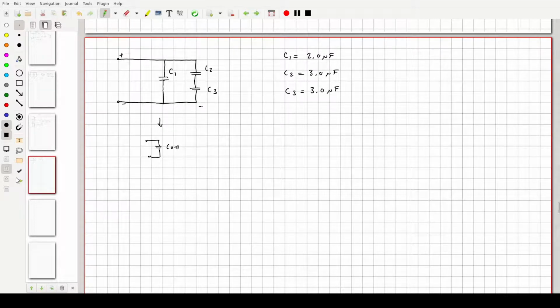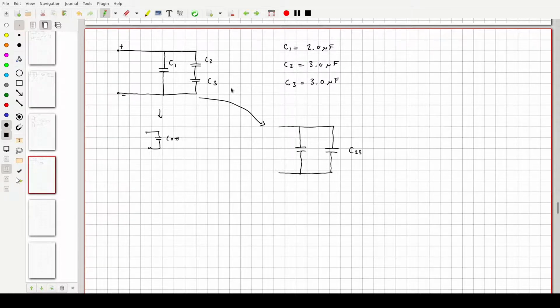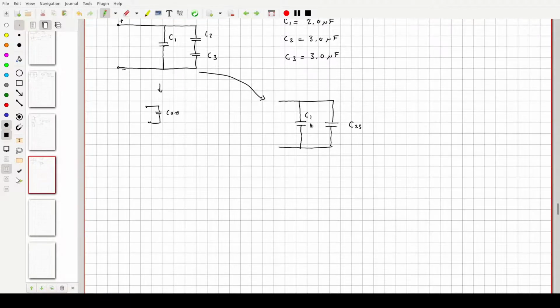So maybe what I'll do is I'll go from this to something that looks like this. Now I'll use my rules for adding capacitors in series to find what we'll call C23, which is the effective capacitance for these two. I still have C1 here, and now it's just adding these two together in parallel to get our effective capacitance like this.